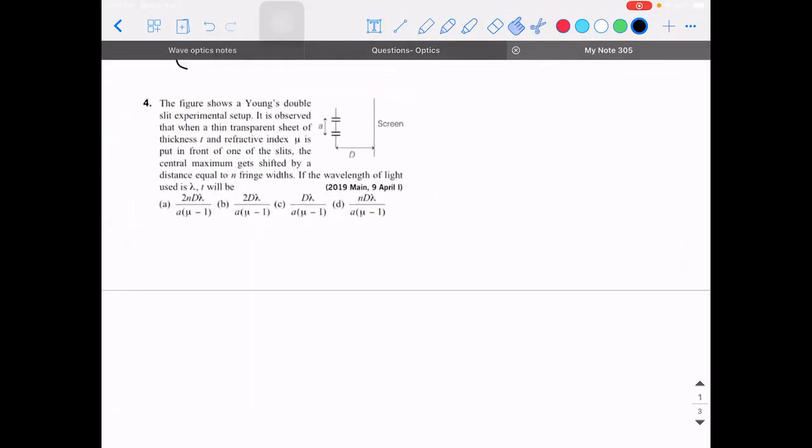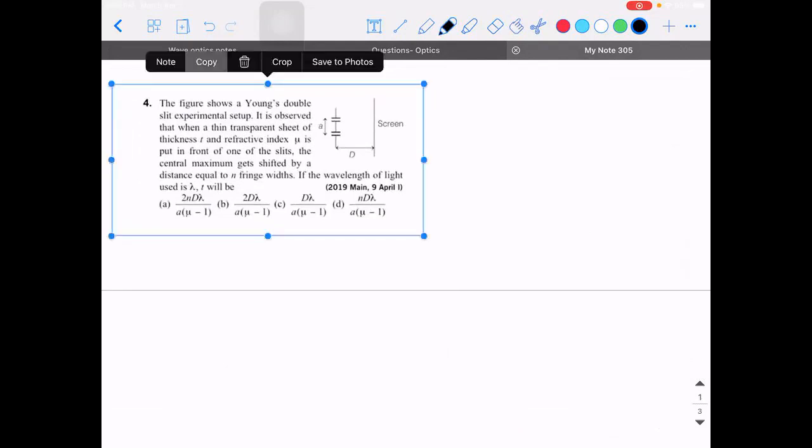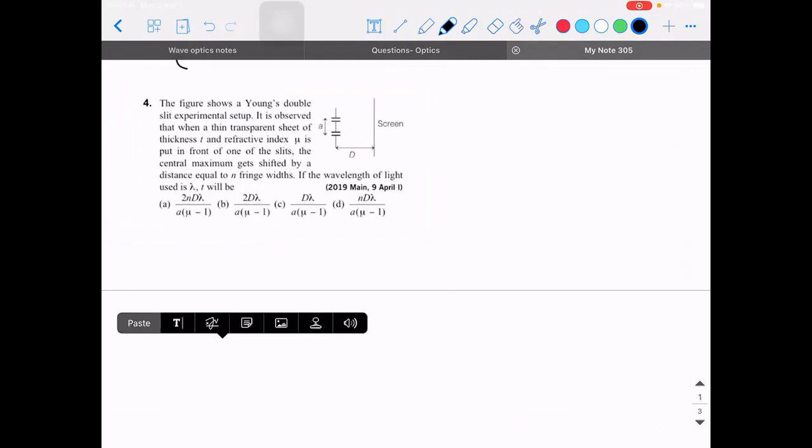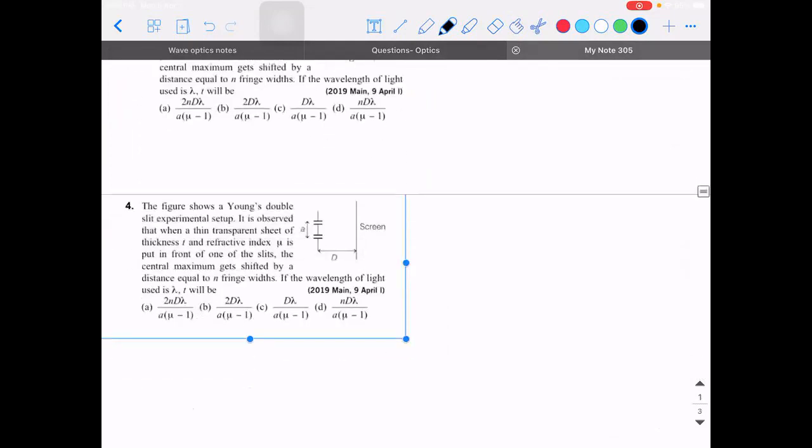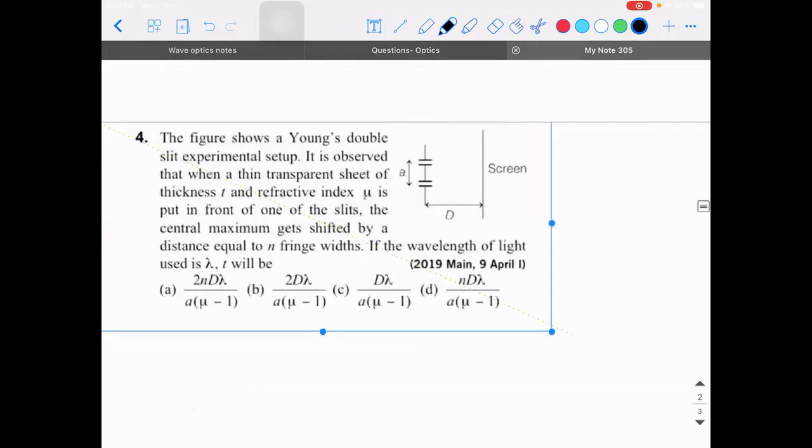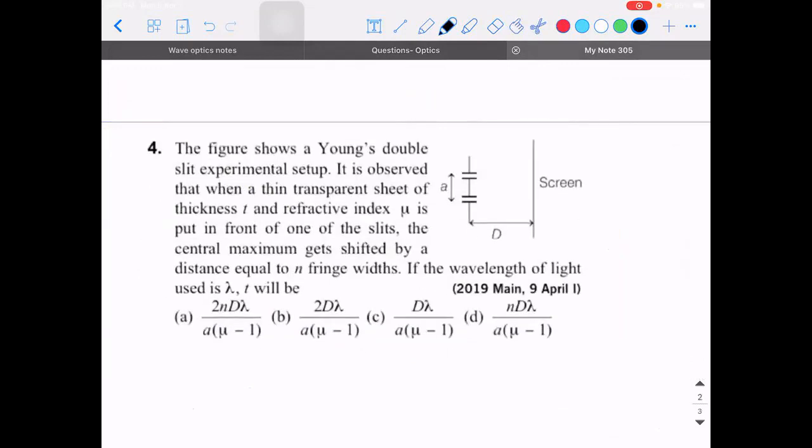Let's try this. The figure shows a Young's double slit experimental setup. It is observed that when a thin transparent sheet of thickness T and refractive index mu is put in front of one of the slits, the central maxima gets shifted by a distance equal to n fringe widths.